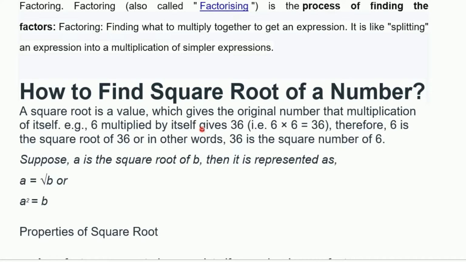Same way, 2 multiplied by 2 gives 4. Therefore, 6 is the square root of 36, or in other words, 36 is the square of 6. We can say that a is equal to square root of b, or a squared is equal to b.